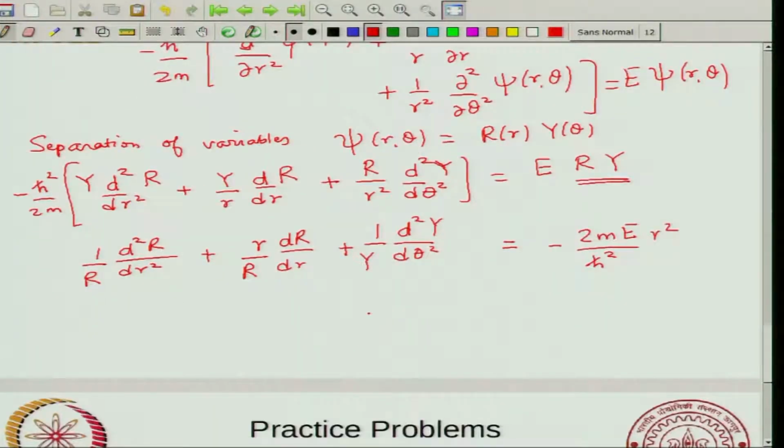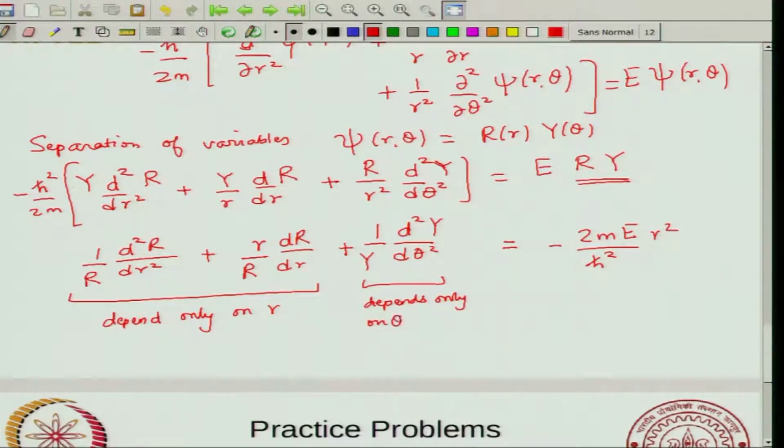We just rewrote the Schrodinger equation after separating variables. Now, the advantage of this is that these two terms depend only on r, this depends only on theta, and the right hand side depends only on r.